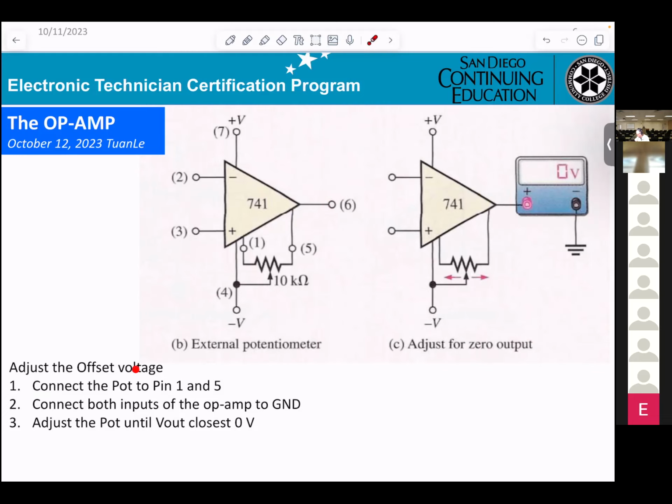Adjust the offset voltage. Connect the pot to pins 1 and 5. Connect both inputs to the op-amp ground. Now adjust the pot until Vout is close to 0. Make sure when you need to offset the output to be 0, you follow the instruction.